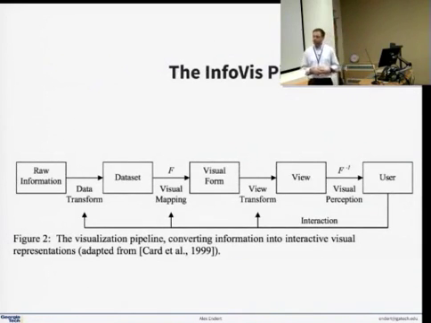Sort of an engineering approach to user interaction is nicely illustrated by the InfoVis pipeline here from Stu Card and others, back in I guess the late 90s, yeah, where we see that InfoVis, in the sense of what we've talked about so far, goes from transforming raw data using some sort of transformation into a data set or a database or whatever it may be, applying some sort of visual mapping to it that we discussed, getting it into visual form, right?